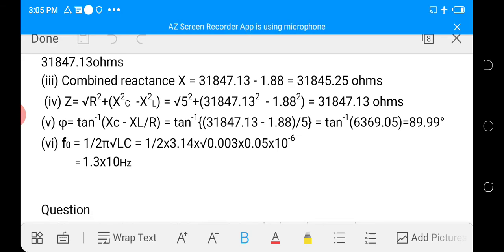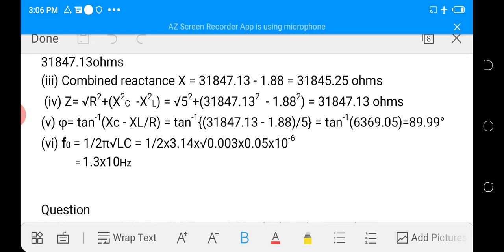Then the phase angle is given by the arctan of the difference between the capacitive reactance and inductive reactance divided by the resistance. And when all these are substituted, we have our angle phi between this inductor and capacitor to be 89.99 degrees, which is very close to 90 degrees.